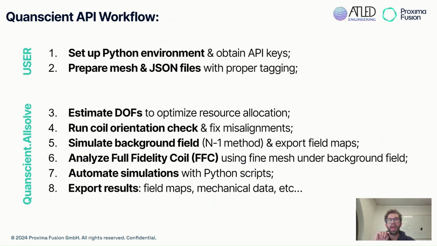And then once you do this, the idea is to upload all this and let Quanscient really run most of the things. This work was done in collaboration with Athens Engineering, as Mika also mentioned, which is Tara Benkel, really.